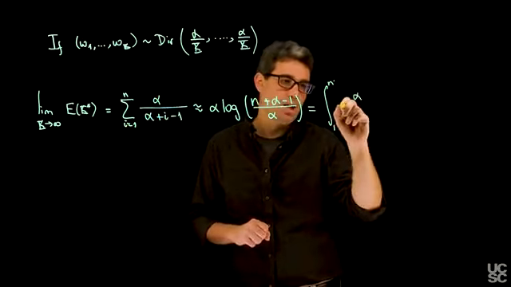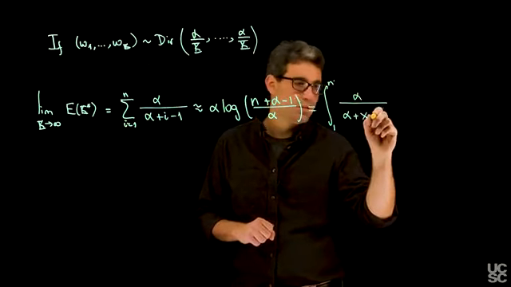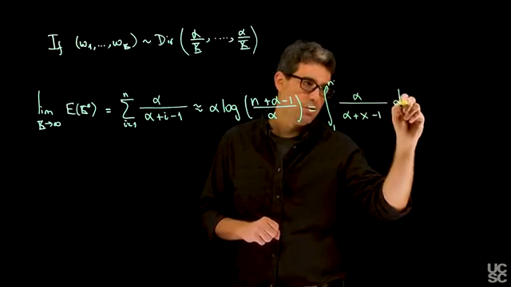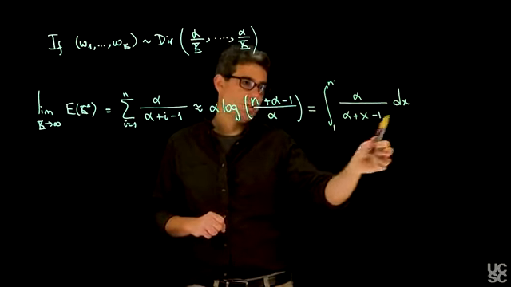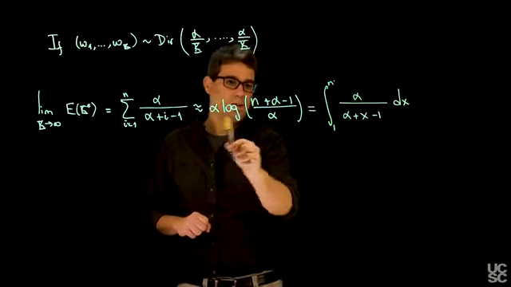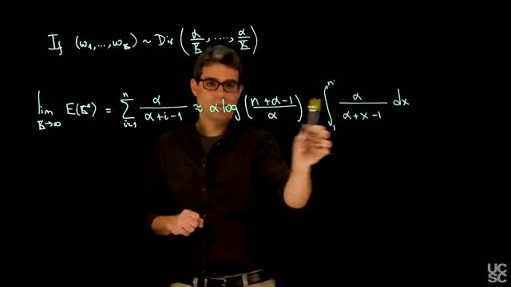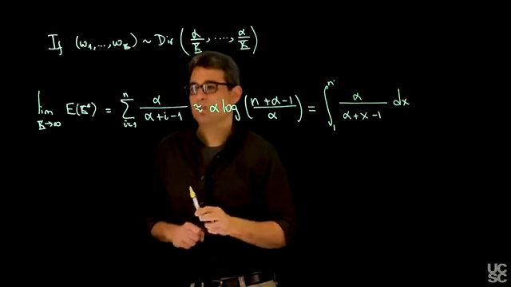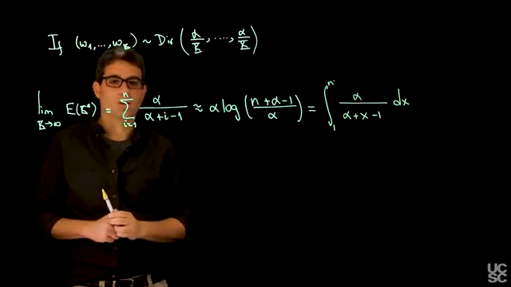So I'm just going to say alpha divided by alpha plus x minus 1 dx. And we can easily solve this integral, and the solution to this integral is just this expression here that involves the logarithm. So that is kind of what justifies this approximation. As I said, the first result I'm really not going to justify in detail.